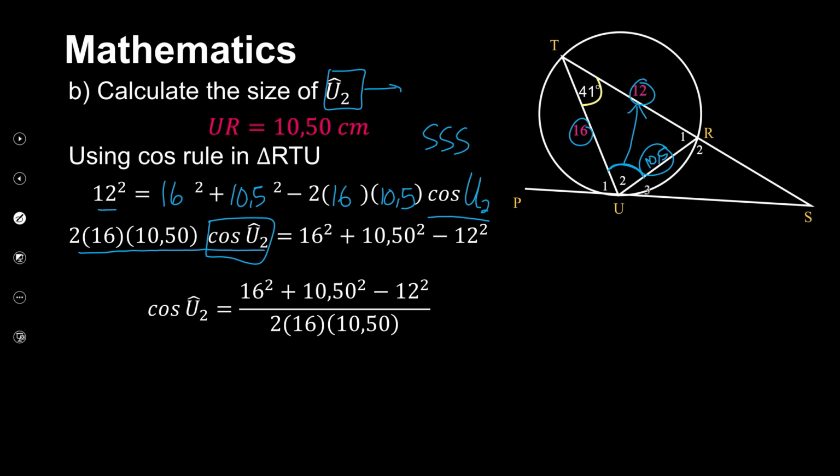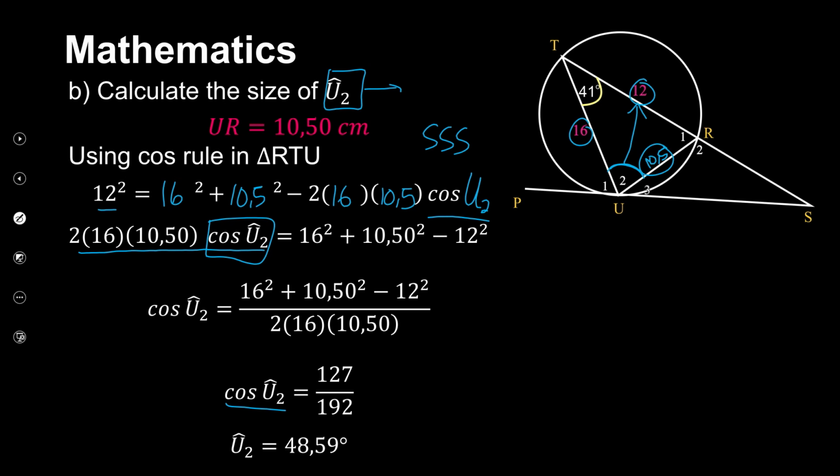Once we put shift cos and this entire expression into our calculator, this expression becomes 127 over 192. That's from your calculator, and now you're going to find the inverse, shift cos of 127 over 192, and we'll get the answer of U2 being 48,59.